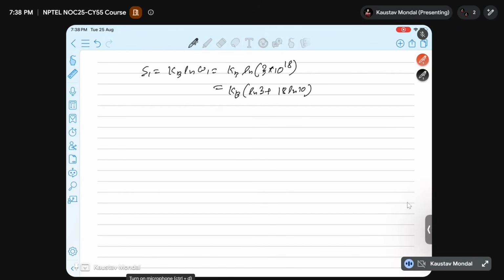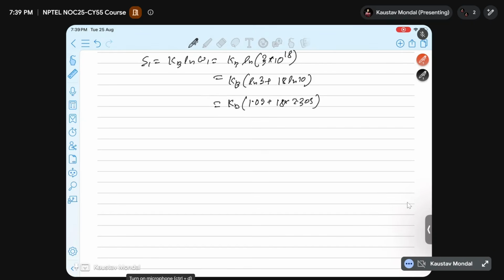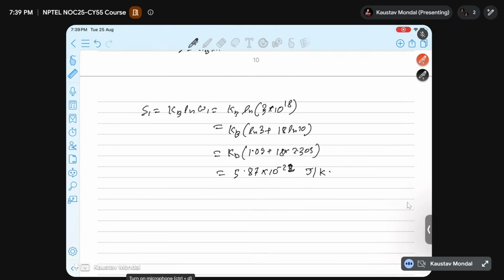So if you do that, you will get kB, ln 3 is 1.09 plus 18 into 2.305. This gives you 5.87 into 10 to the minus 22 joule per Kelvin. Okay.